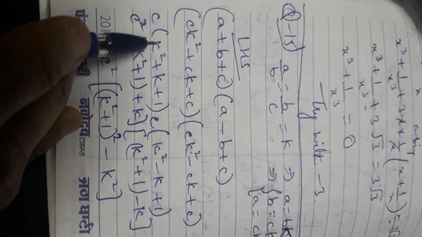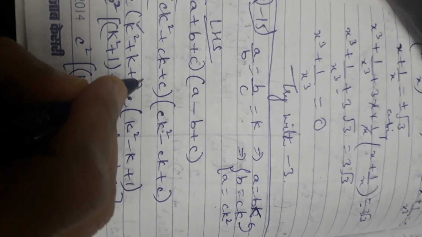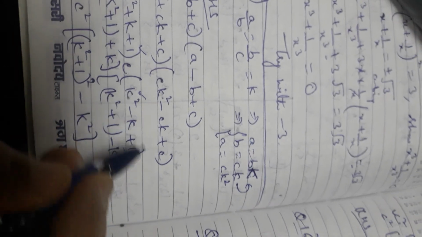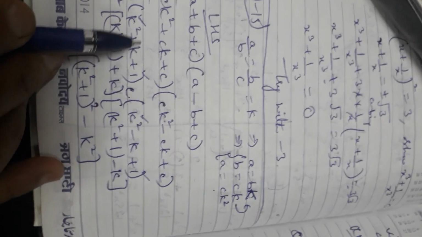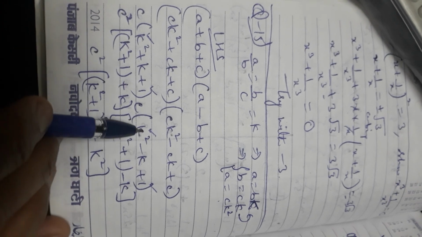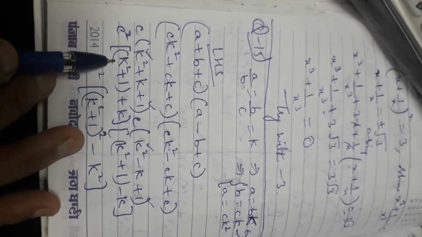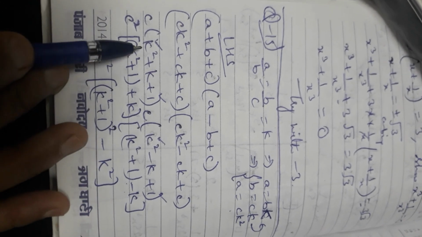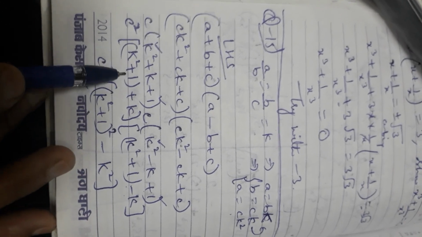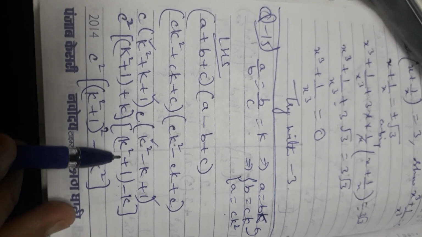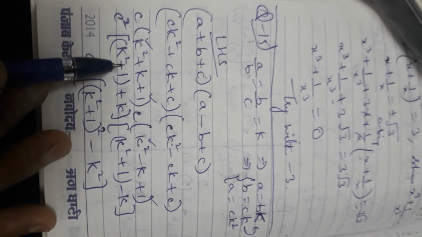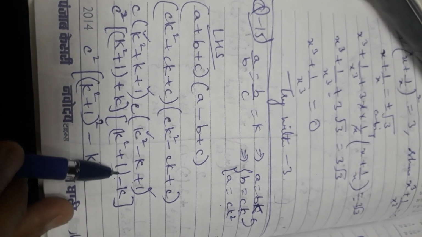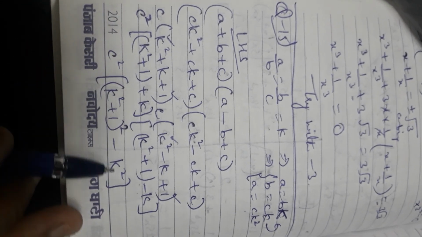Now out of these, two terms are the same. These two terms are the same. This is K square plus 1, this is K square plus 1. So we get K square plus 1 plus K square plus 1 minus K. These two are the similar terms, so I have collected them together, minus K. So this is A plus B, A minus B, that is A square minus B square.